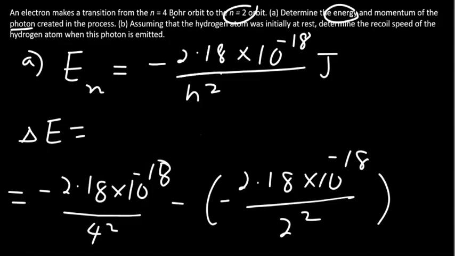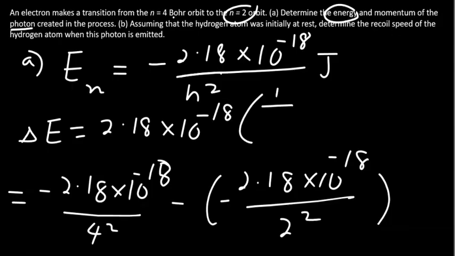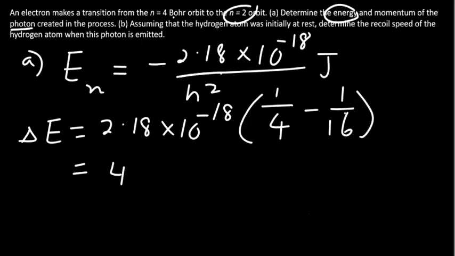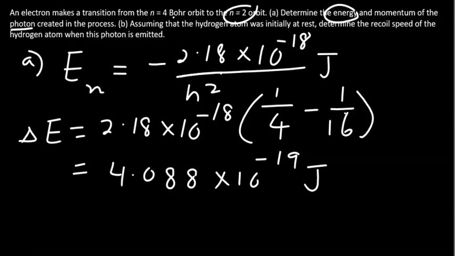This result can be compactly rewritten in the following manner: 2.18 times 10 to the power minus 18 times 1 over 2 squared, so that is 4, minus 1 over 4 squared, so that is 16, which will give you 4.088 times 10 to the power minus 19 joules. So this is the energy of the photon created in the process.